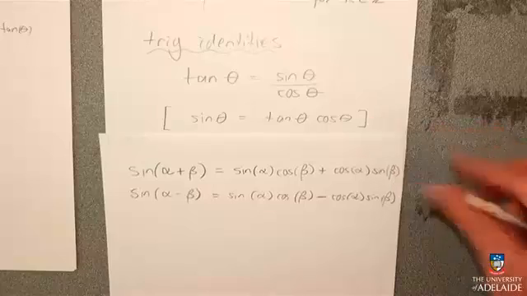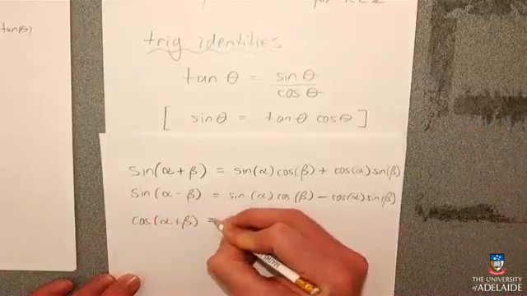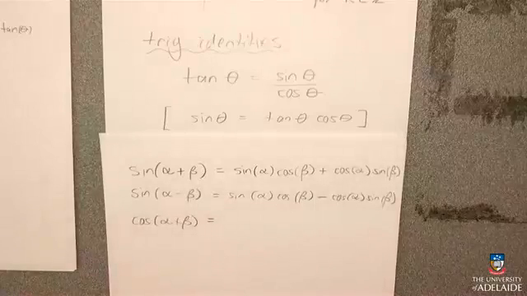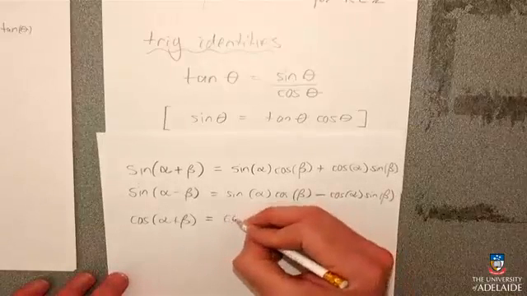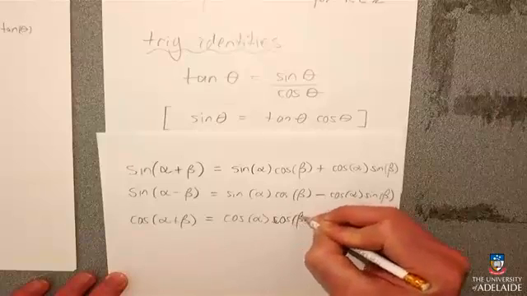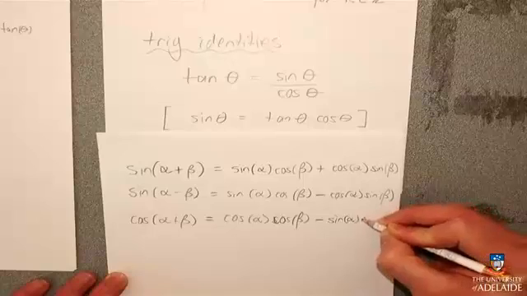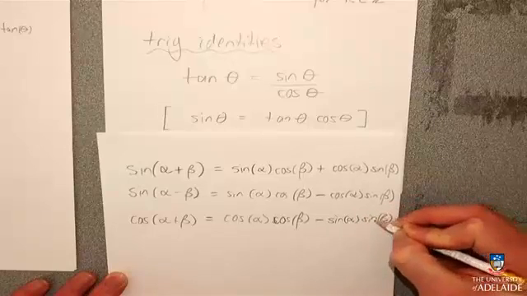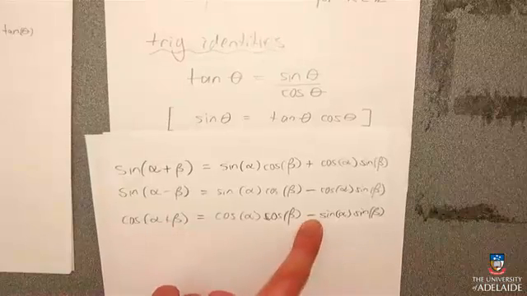Okay, so that's sine. Cosine is similar. It has two pieces. But this time, the coses are together and the sines are together. And this time, when it's a plus here, it's a minus here.